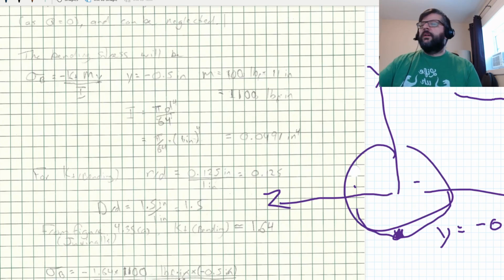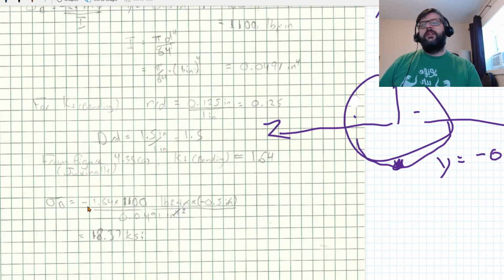And then our Kt for bending is taken from the chart. So again, we've got our r over d. That's the 1/8 of an inch radius of the fillet there, divided by the 1 inch diameter of the smaller portion of the stepped shaft or stepped rod.